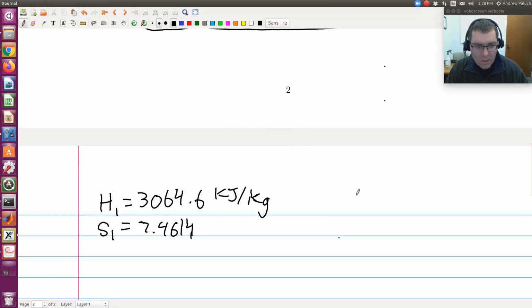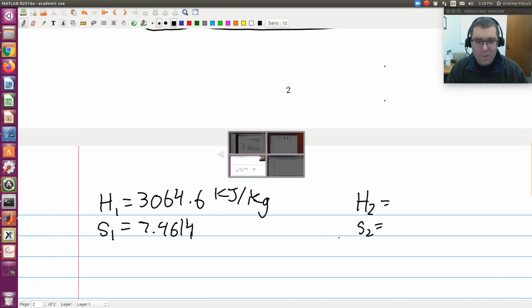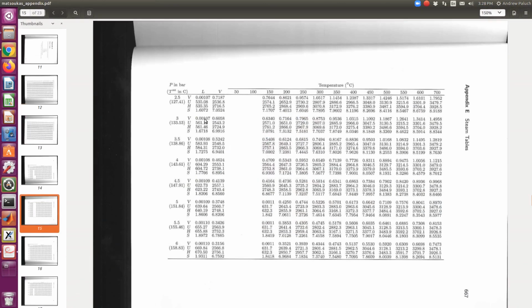Let's get H2 and S2 while we're at it. Now we're going to have a saturated liquid at 5 bar. So let me get the enthalpy and entropy of my saturated liquid. It'll be this one. So H2 is 640.19.